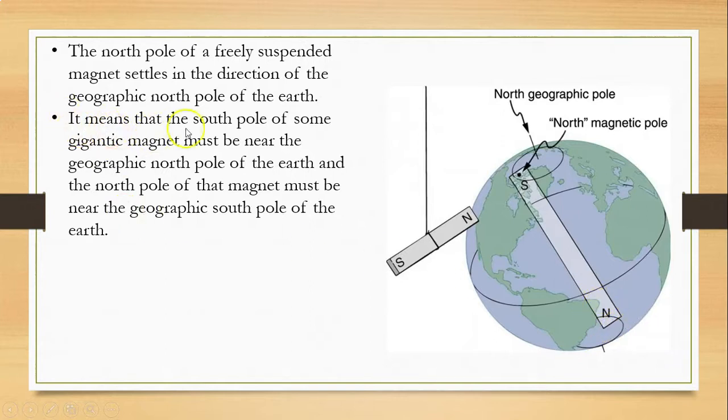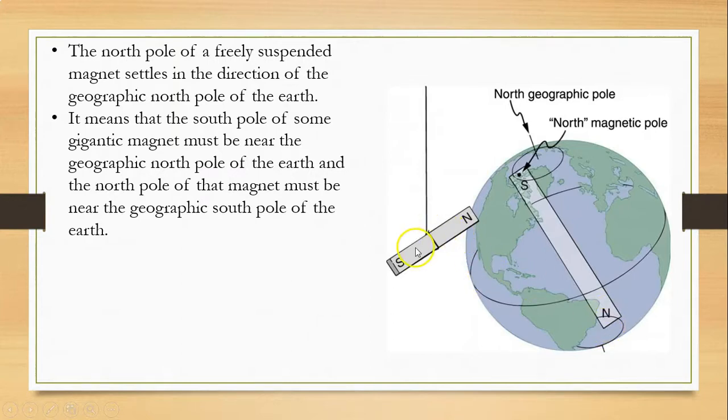It means that the south pole of some gigantic imaginary magnet must be near the geographic north pole. And the north pole of that magnet must be near the geographic south pole of the earth.